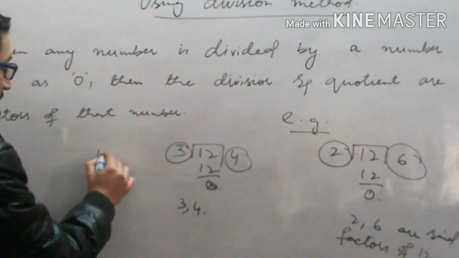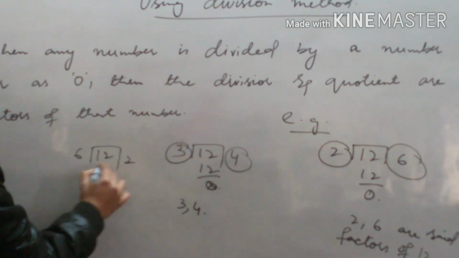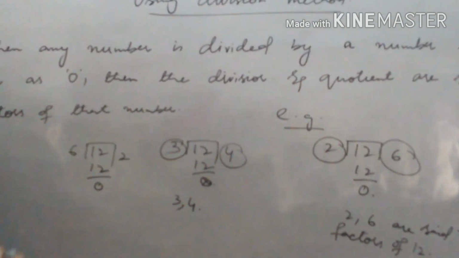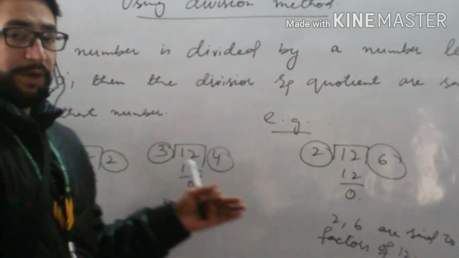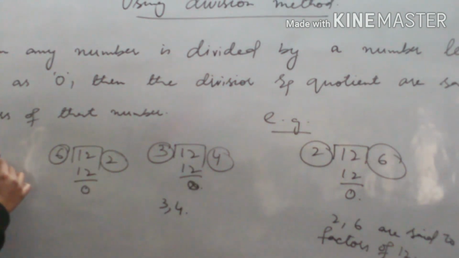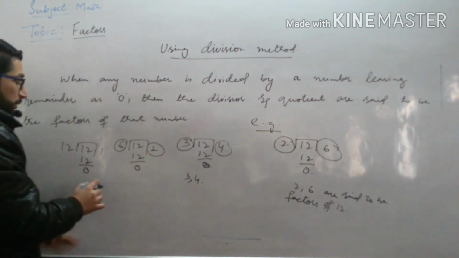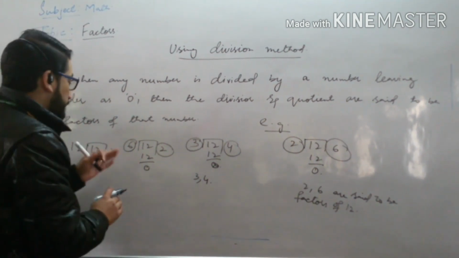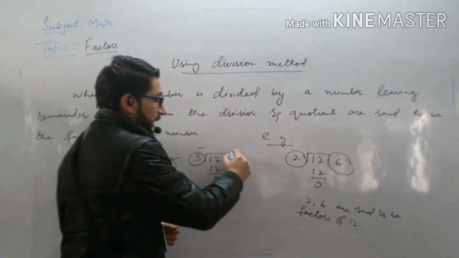Again we can take 12 and divide it by 6. 6 twos are 12, and remainder is 0. This 6 and this 2 are factors of 12 again. And also if we divide 12 by 12, 12 ones are 12 and the remainder is 0. So the factors of 12 are now 12, 1, 6, 2, 3 and 4.